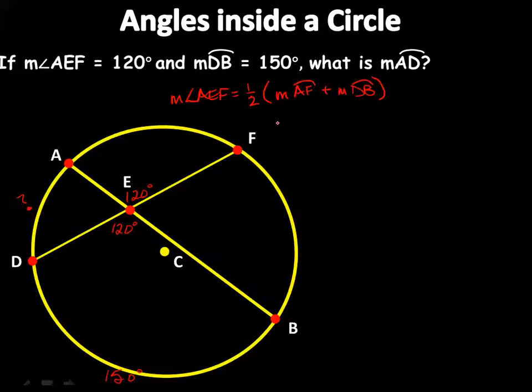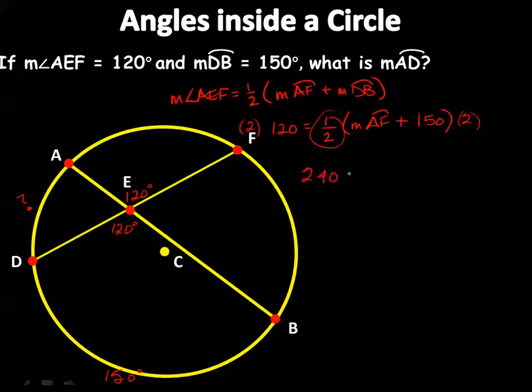Okay, so we know that the measure of angle AEF is 120. We know the measure of arc AF is unknown, so we're going to put AF there, plus DB is 150. Before we start trying to figure all this out, we're going to get rid of this fraction. And remember, to do that, I multiply both sides by the denominator. So I'm going to have 2 times 120 is 240.